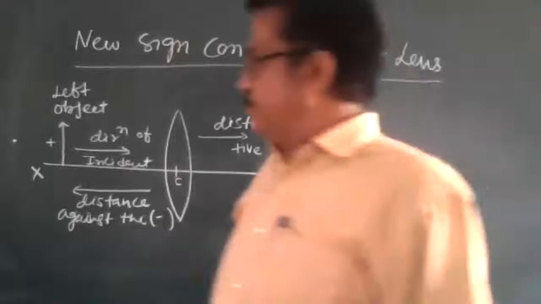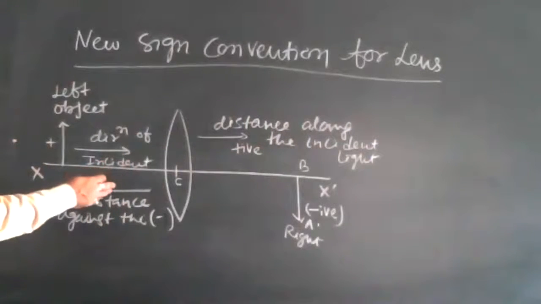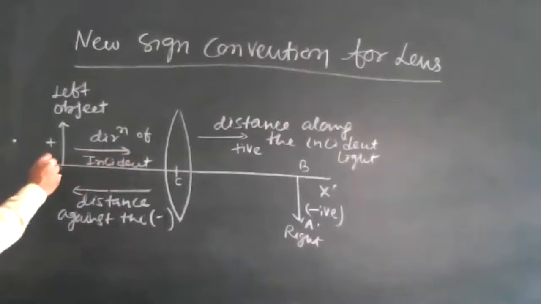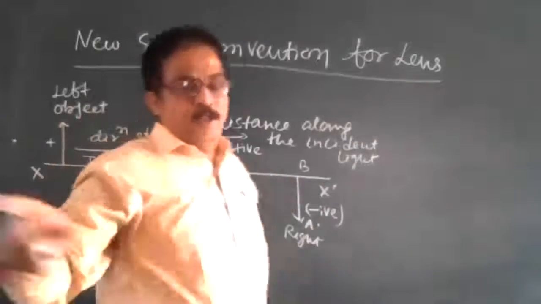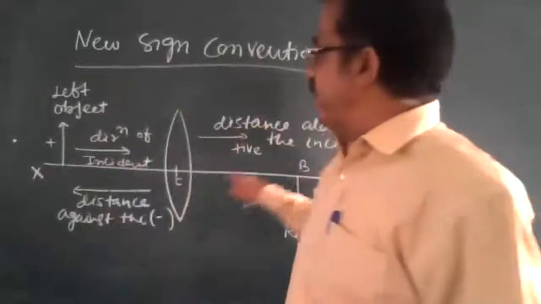Now see that. What is the first observation we are going to see here? According to the new sign convention, the principal axis of the lens is taken along x dash.